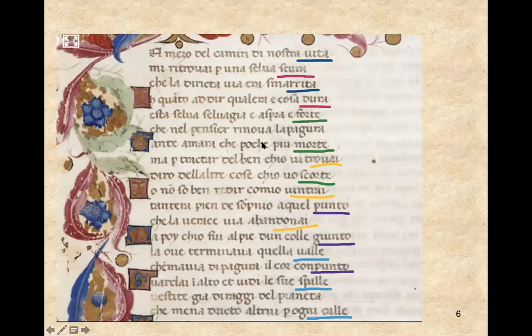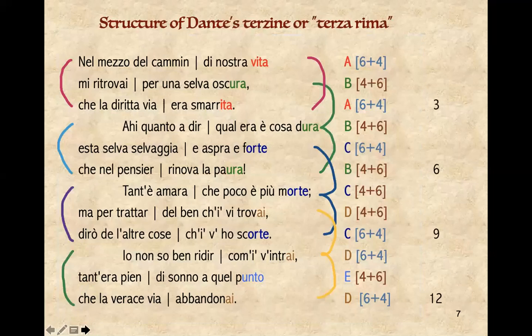So here we're just looking at one manuscript, and I've tried to highlight the rhymes by showing you different colors, just to highlight the terzina. But maybe you can see this here more clearly. So as you can see, these are chained or linked rhymes.